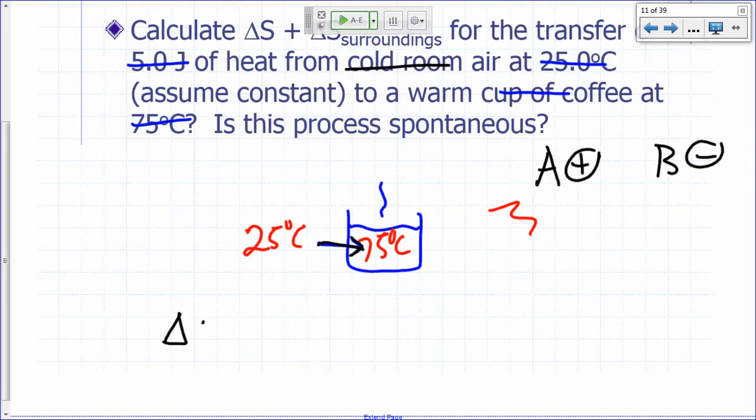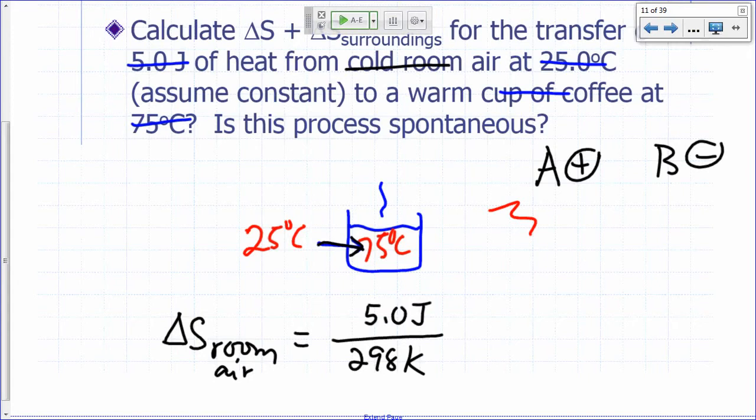Okay, let's calculate delta S for the room air. You can assume the room air is more or less going to stay at 25 degrees Celsius, right? It's not going to warm up to 75. A cup of coffee is not going to make it heat up too much, so we can assume it's pretty much at 298 Kelvin. How much heat was transferred? 5 joules, right? You're assuming that heat was transferred from the room to the coffee. So what's the algebraic sign of Q for your room?